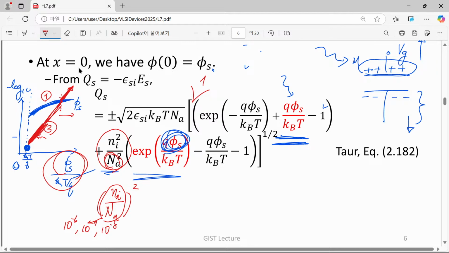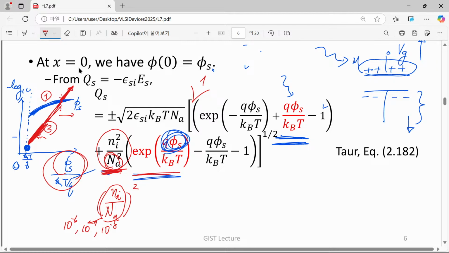That's the reason why we have quite a small number in this exponential term. And this exponential term corresponds to the electron contribution.